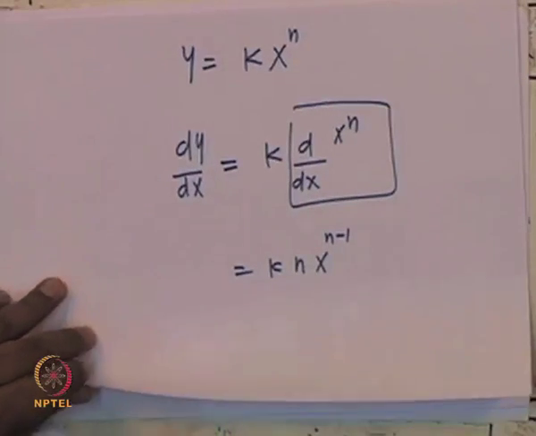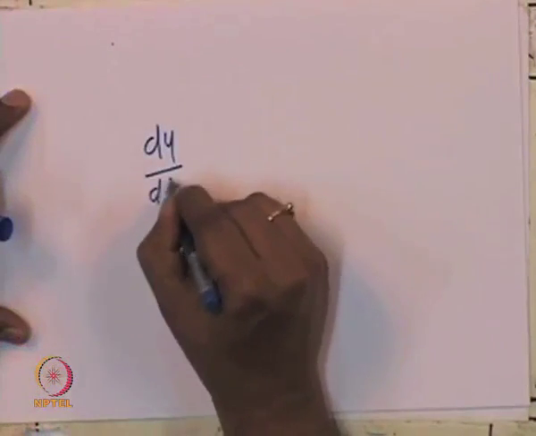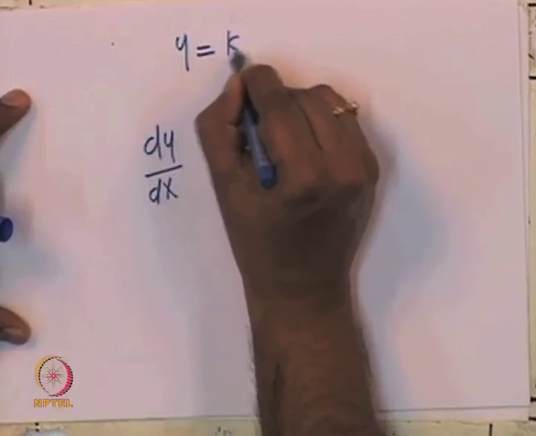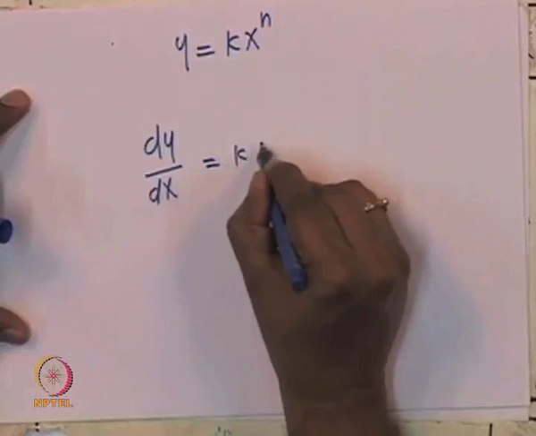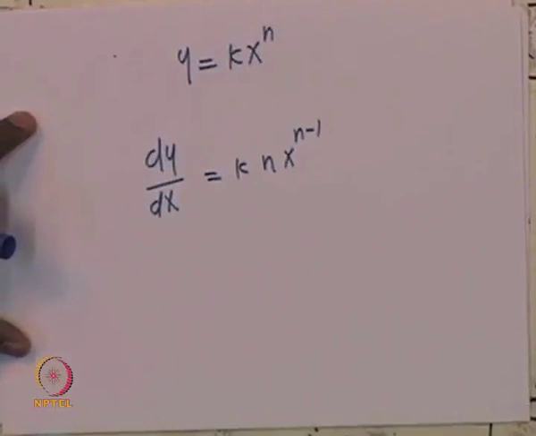Now, let us look at the next rule. Let me reiterate the first rule we learned: when y is k times x power n, dy by dx is k times n x power n minus 1.